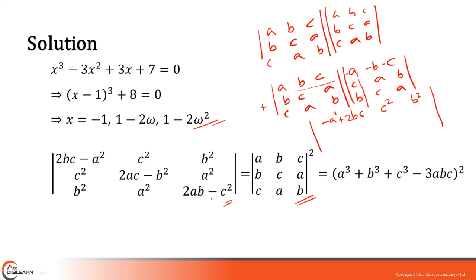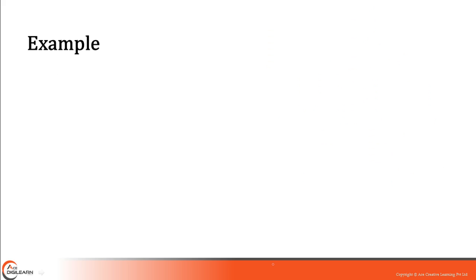So we can write the given determinant as product of two determinants. So we can write as det of a b c, b c a, c a b whole square, which you get by expanding a cube plus b cube plus c cube minus 3abc whole square, substituting the values of a, b, c, the final value is 0.